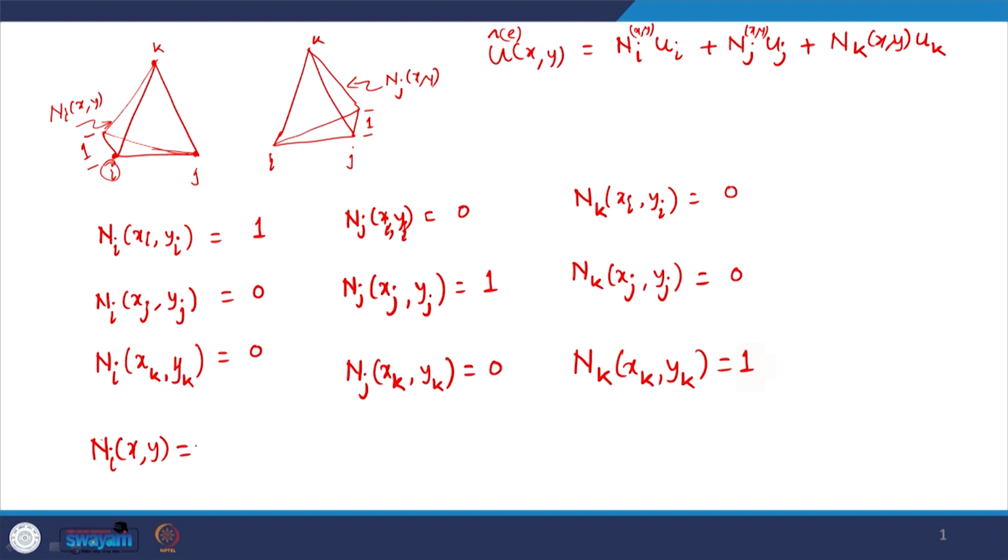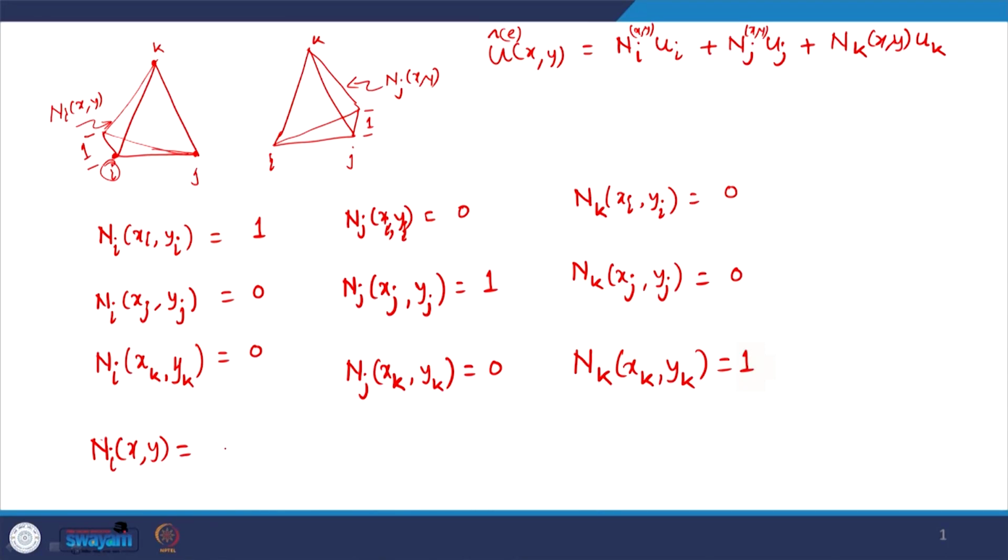Because I have 3 constraints to evaluate, I can evaluate 3 coefficients. For any polynomial approximation function, I have 3 constraints, so I can only evaluate 3 coefficients for this function. So, I define N_i as alpha_i plus beta_i x plus gamma_i y, right.